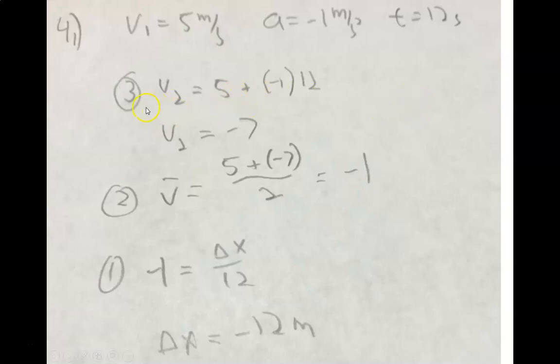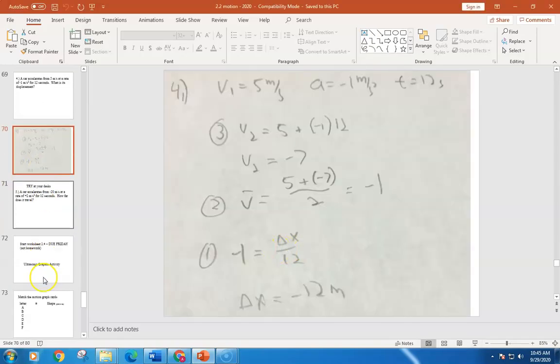Equation 3: v2 equals v1 plus at, and we get v2 equals -7 meters per second. We plug that into equation 2 with our initial velocity, and we get that our average velocity is -1 meters per second. Then we plug that into equation 1. So it's 3, 2, 1.